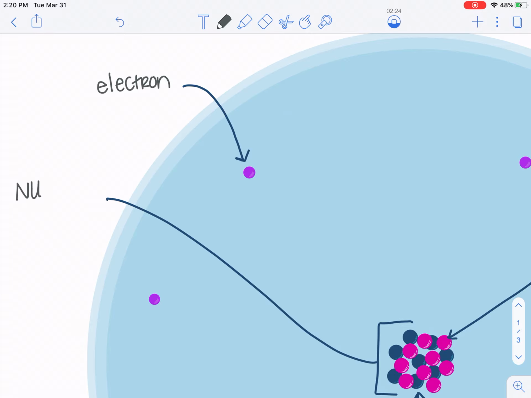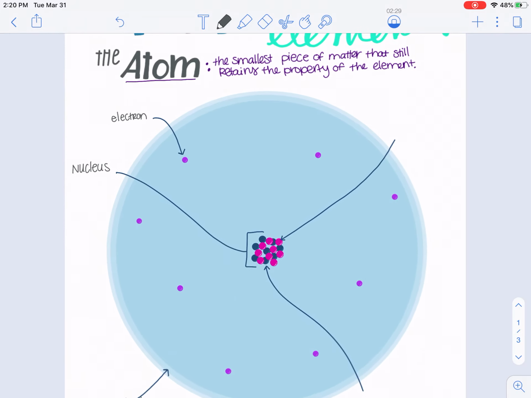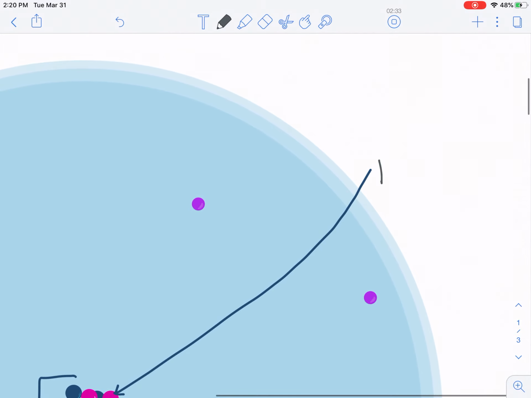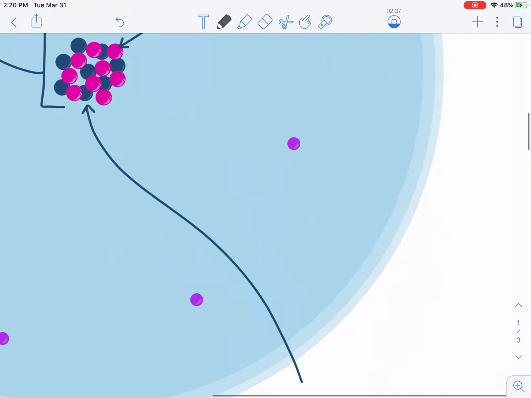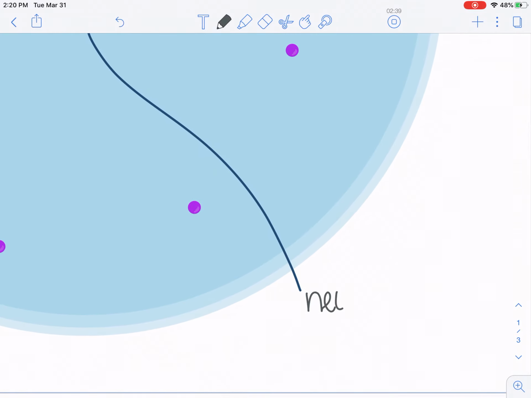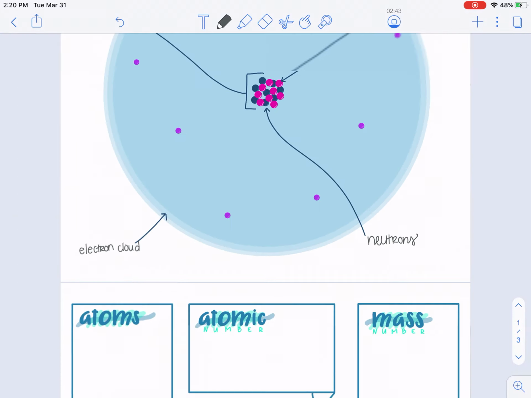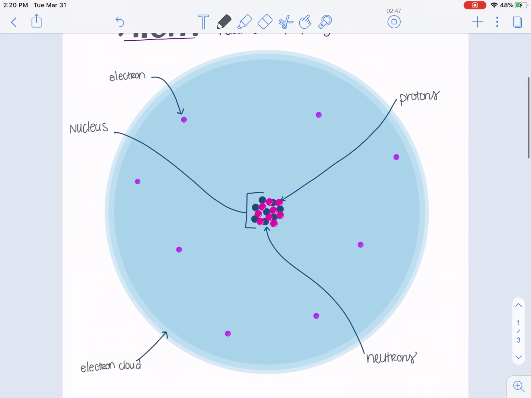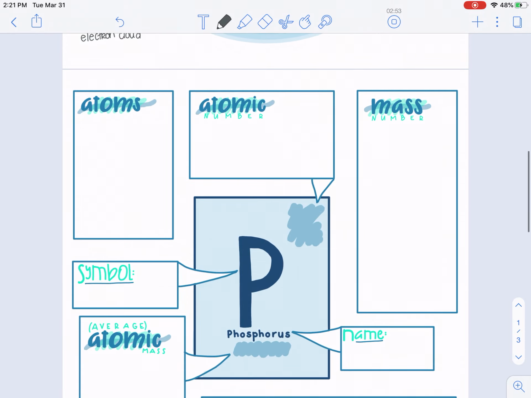The nucleus is the positively charged center of the atom that is made up of two particles, the protons and the neutrons. So there are the main parts of the atom. We will give more details down below. So major parts of the atom, things to know.